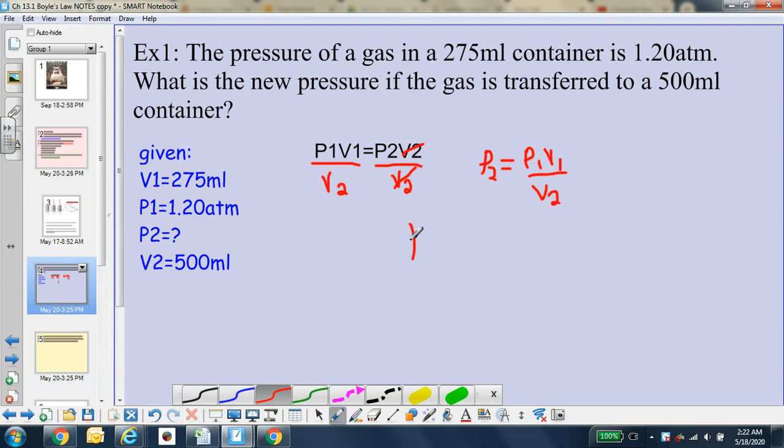And now I can substitute into this formula my known variables with their units and solve for pressure 2.